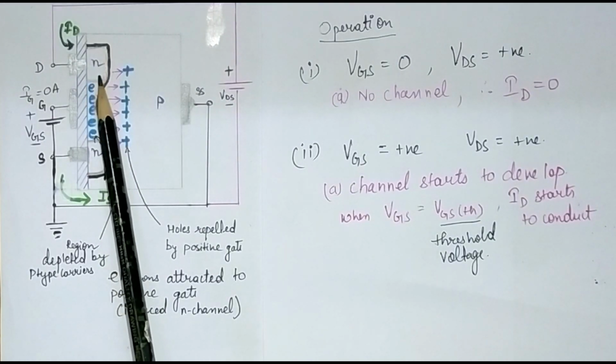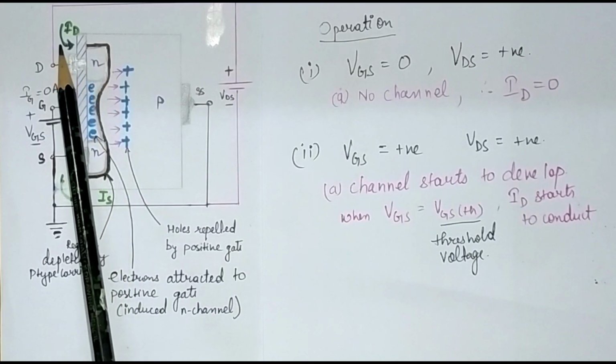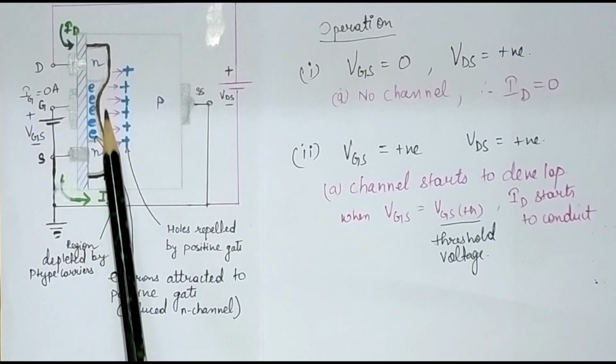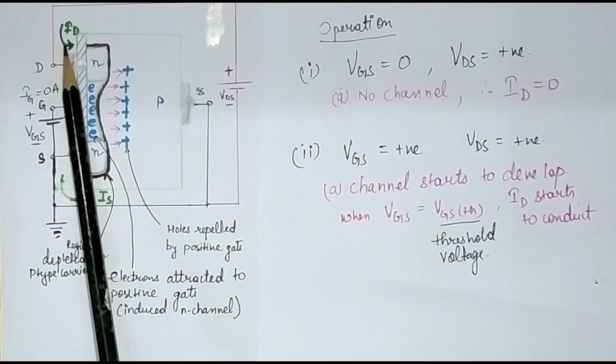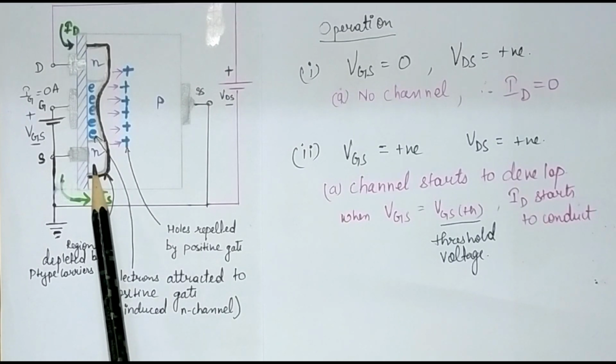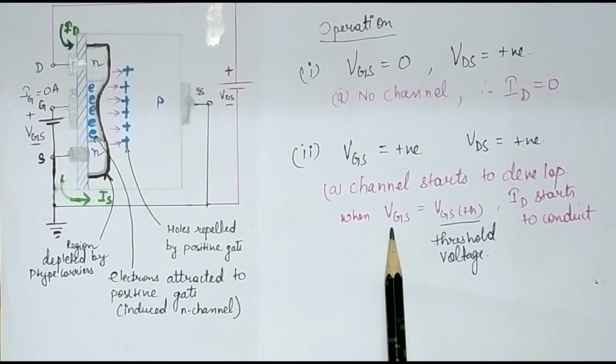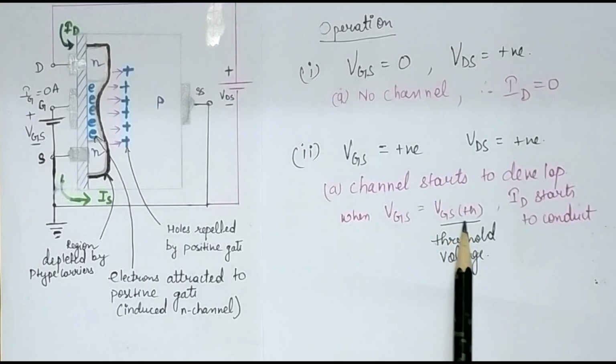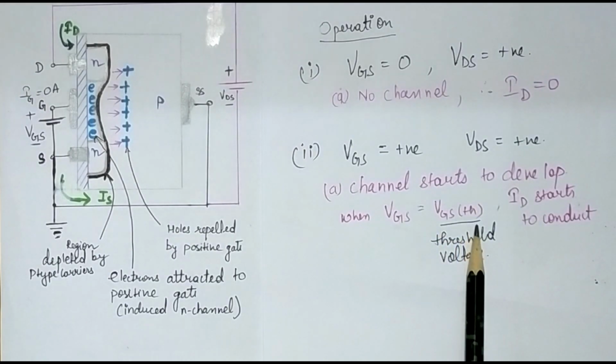So the ID current will flow from this to this, because the direction of the current is taken in the opposite direction. The voltage at which the current just starts to flow is called the threshold voltage, or VGS threshold.